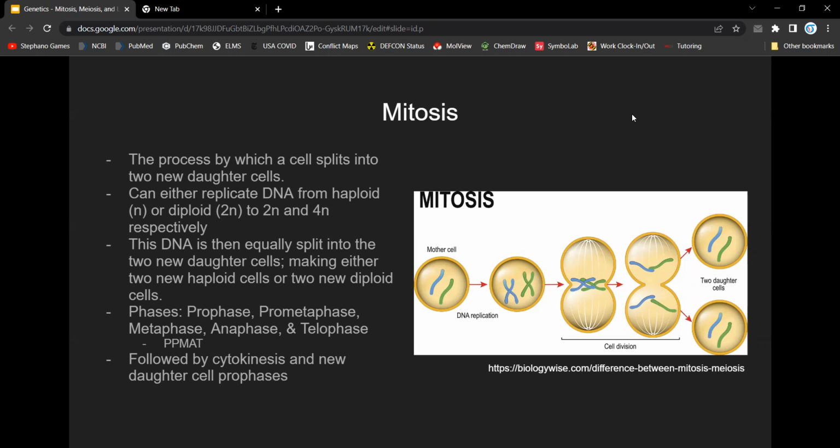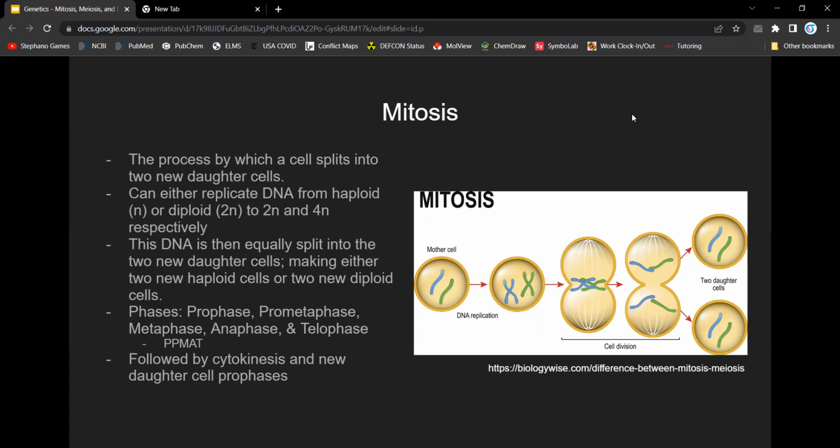So for a haploid cell, it'll go from N to 2N, so that each daughter cell then has N amount of DNA. And for a diploid cell, it'll go from that 2N up to 4N, so that each daughter cell has 2N amount of DNA. The DNA is always split equally, and it'll make two new daughter cells.